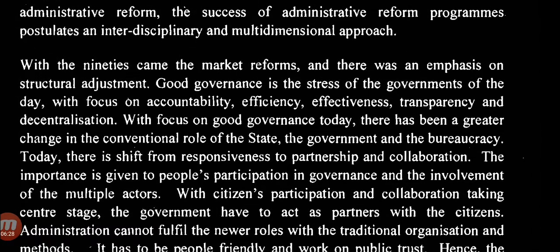The success of administrative reform programs postulates an interdisciplinary and multidimensional approach. With the 90s came the market reforms, and there was an emphasis on structural adjustment. Good governance is the stress of the governments of the day, with focus on accountability, efficiency, effectiveness, transparency, and decentralization.